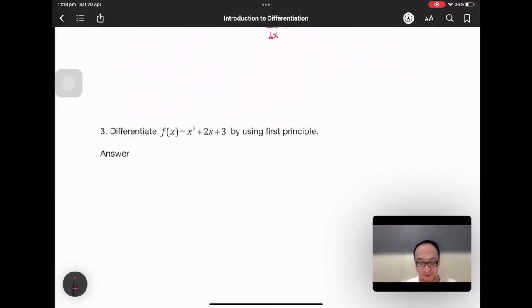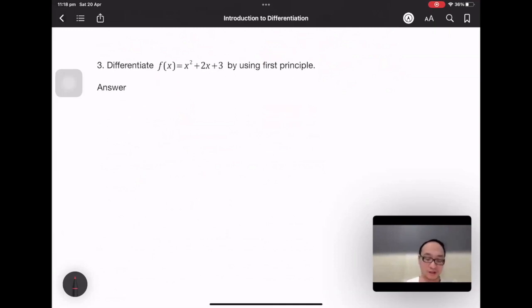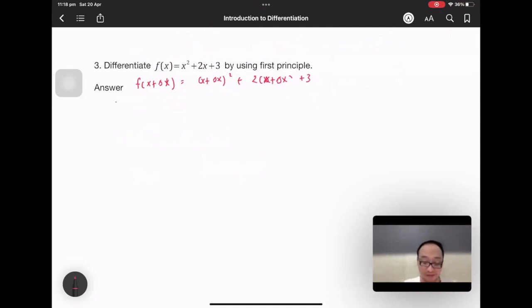Now, okay, the same thing. So we have to find f(x plus delta x), so it's (x plus delta x) squared plus 2(x plus delta x) plus 3. So dy/dx is equal to the limit as delta x approaches 0 of f(x plus h) minus f(x).